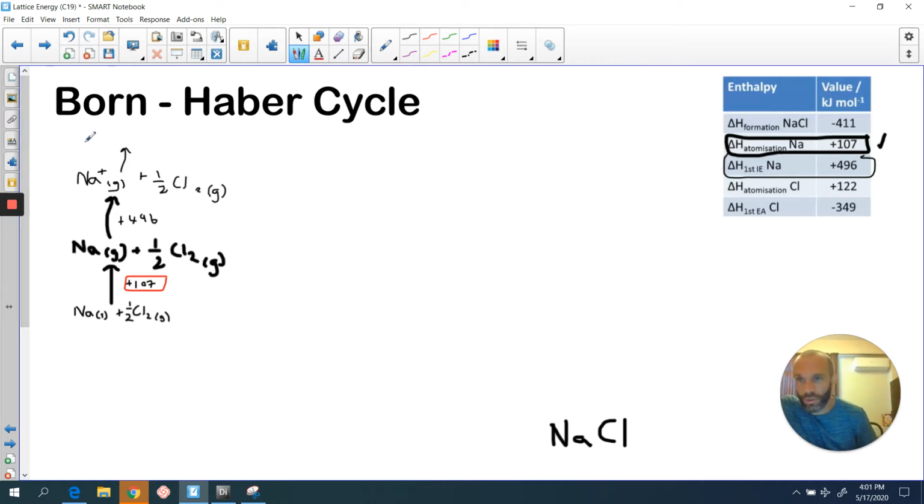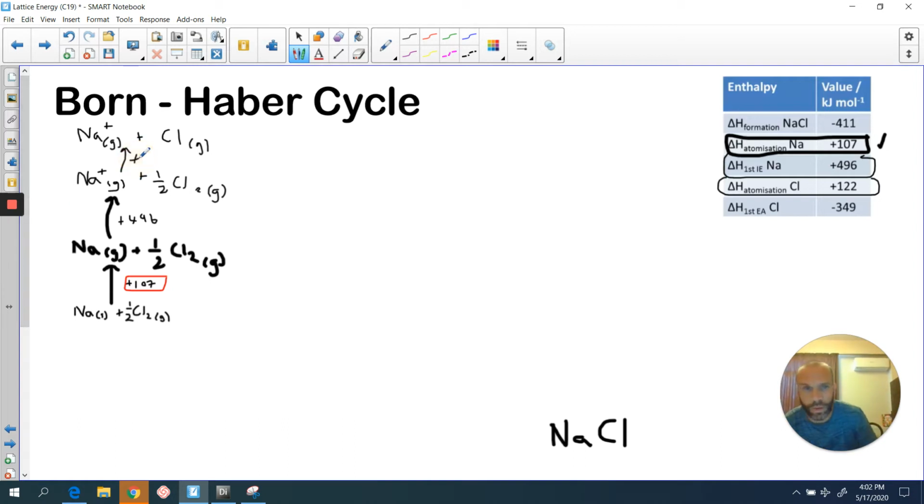That's very important to recognize. The next thing I'm going to show now, we've dealt with the sodium, so I just write that in as it was previously. Now we've got to make sure we've dealt with atomizing the chlorine. So we're doing this right here. Okay, and effectively what that means is we just want one chlorine gas, 1 mole, let's say, being produced there.